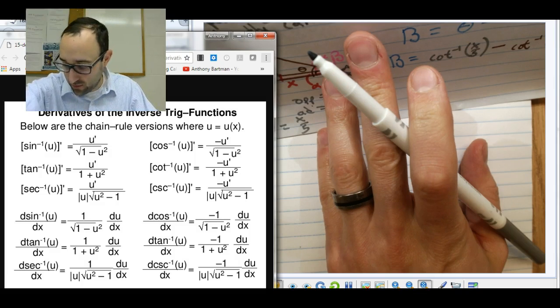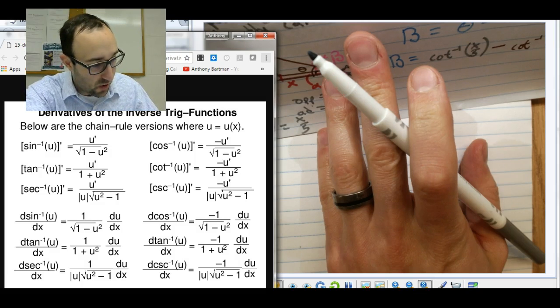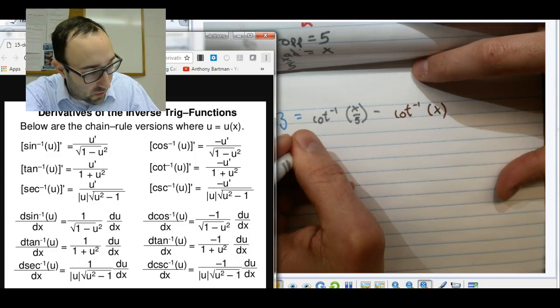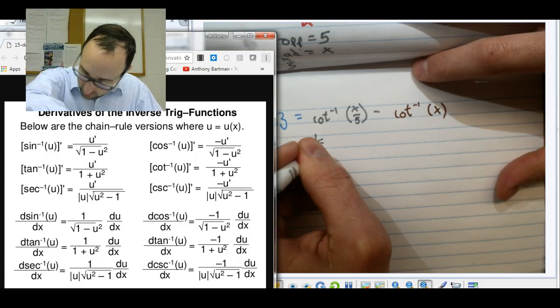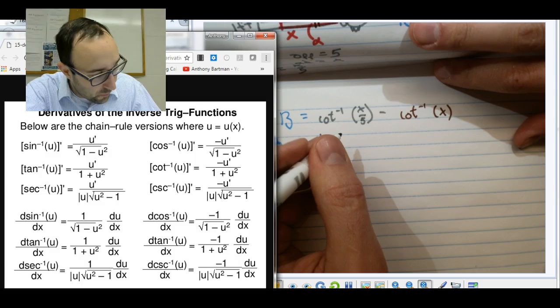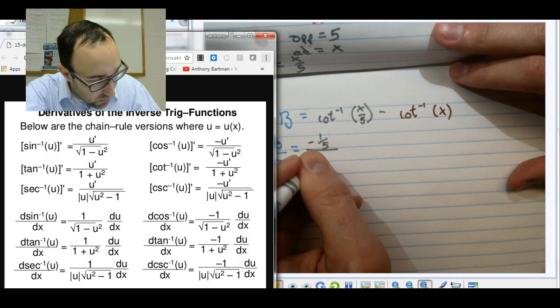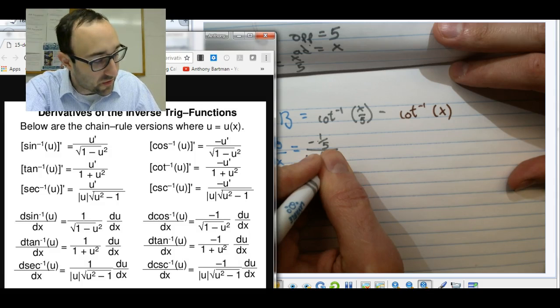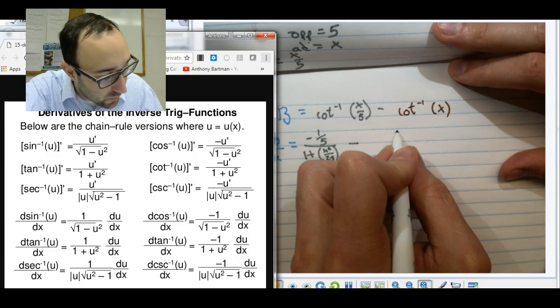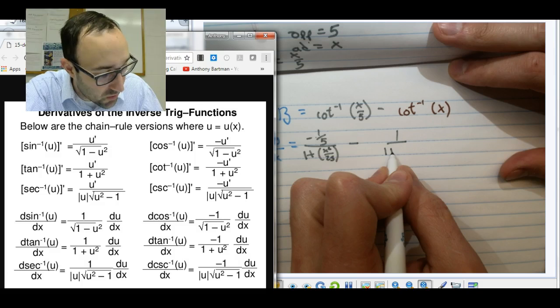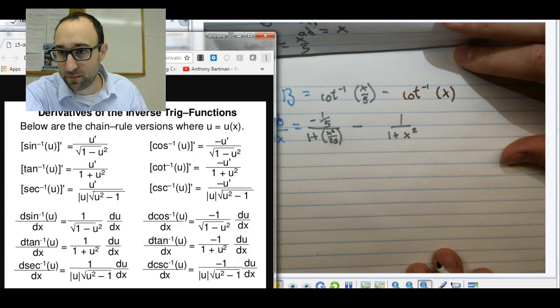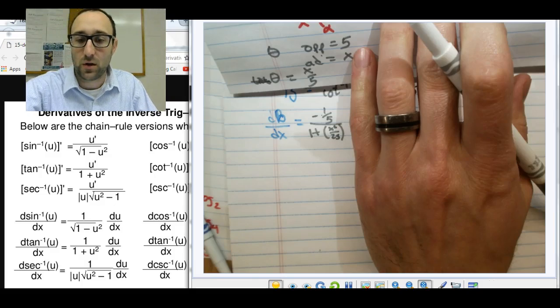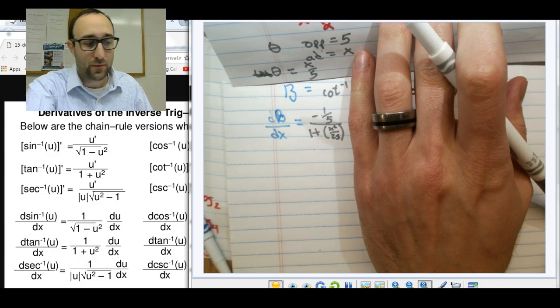So if I go through and do that, I should end up with negative 1/5 over 1 plus x squared over 25, minus, well, let's do this one, 1 over 1 plus x squared. Oh, you can't really see all that. I'm sorry. That's better.